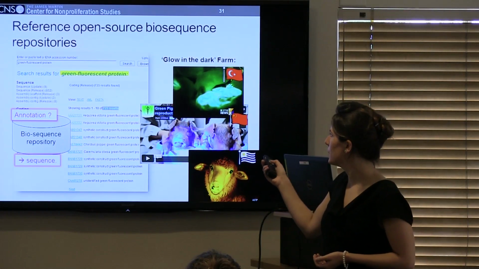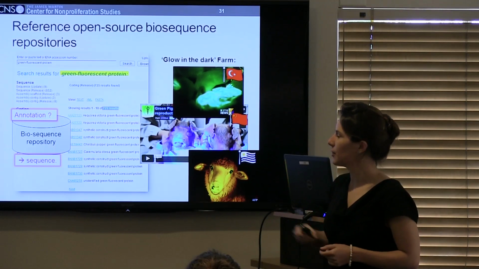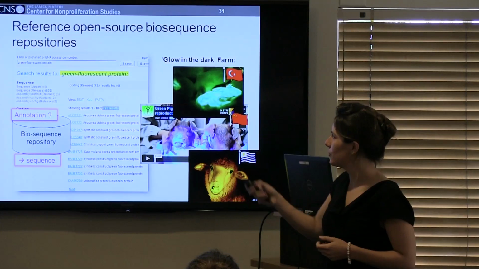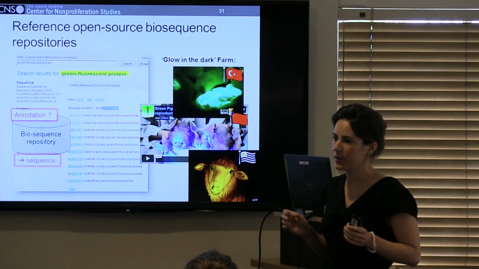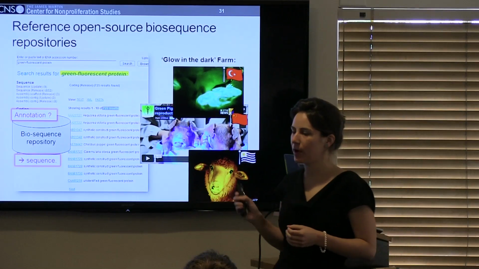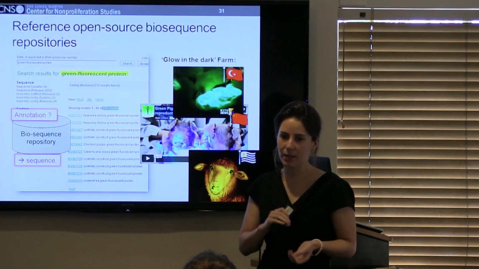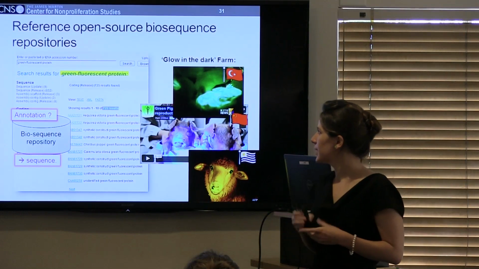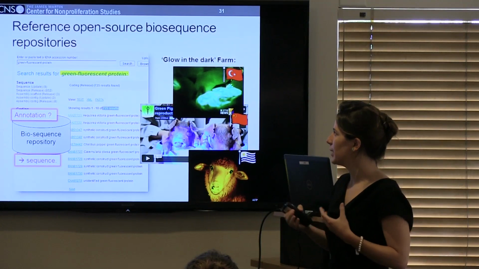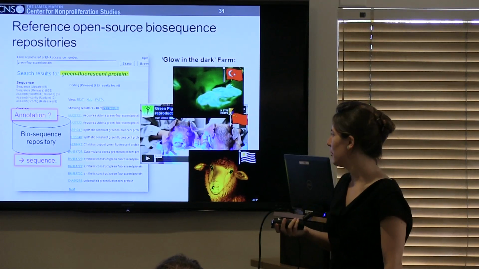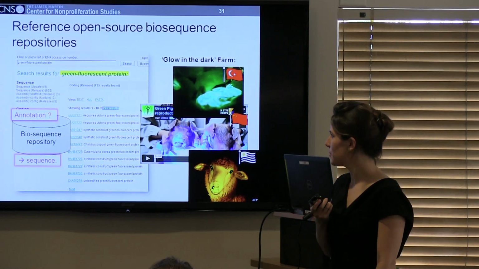If they want to use fluorescent protein for their glow-in-the-dark projects, they may go to these databases, type fluorescent protein to search for the annotation, and then retrieve a DNA sequence. Then they can cut and paste the DNA sequence and use it. That's the reference aspect of this biosequence repository. That's how people find information for their science project.